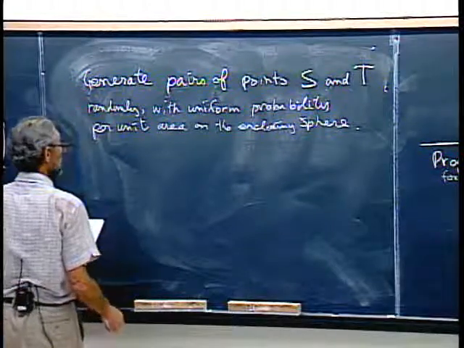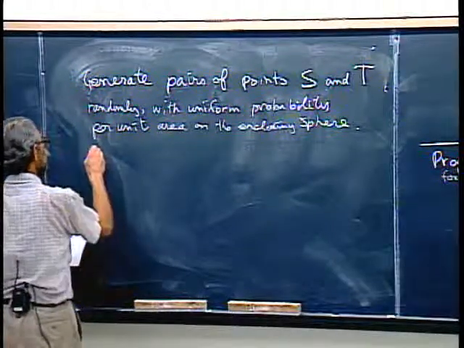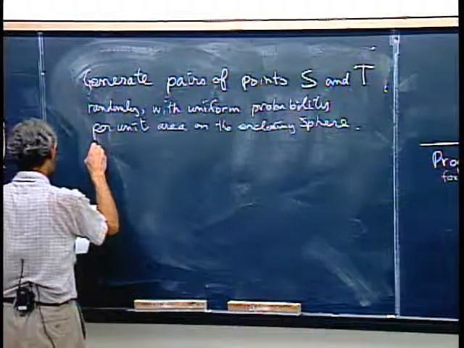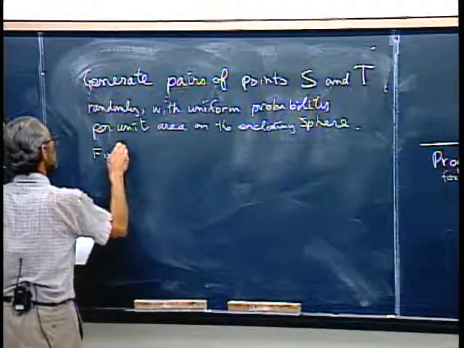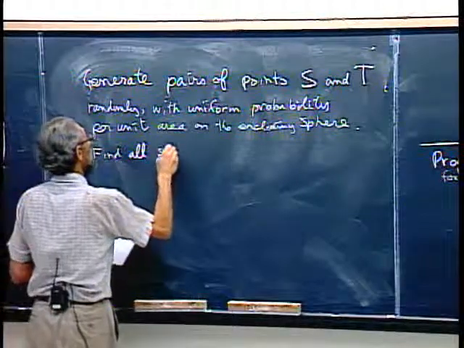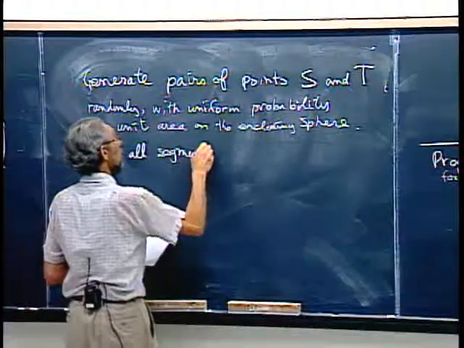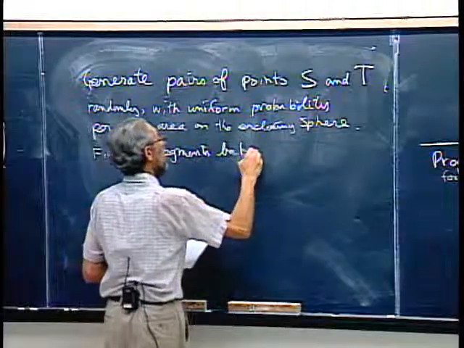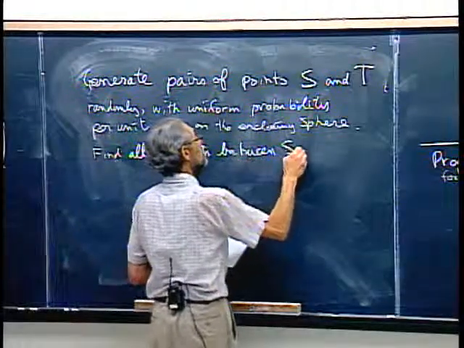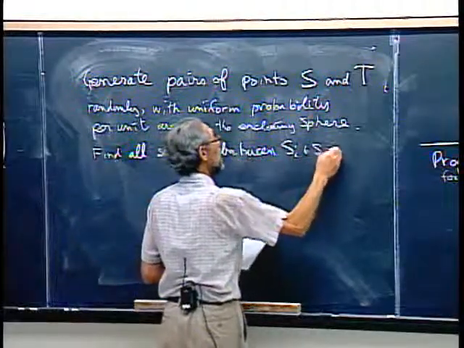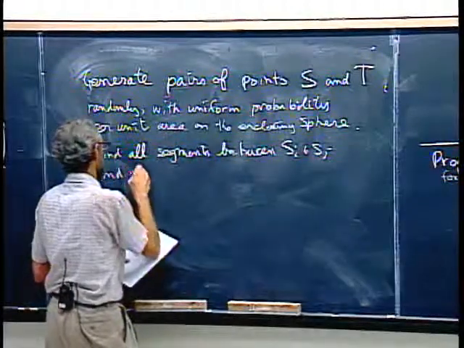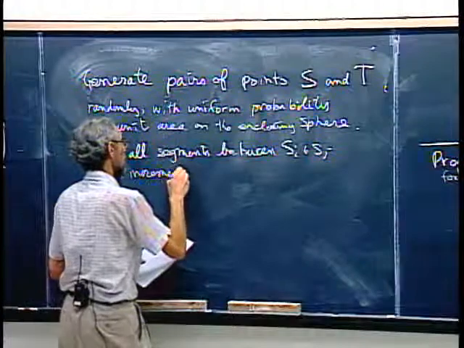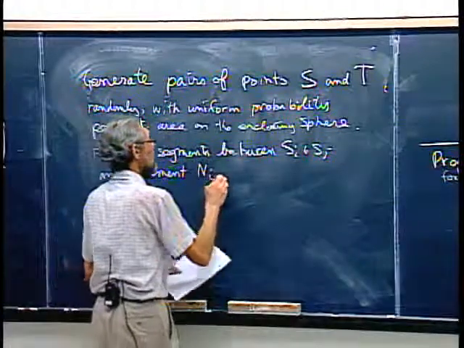So basically, let me write the words that we do that. Find all segments of the rays between Si and Sj and increment Ni.